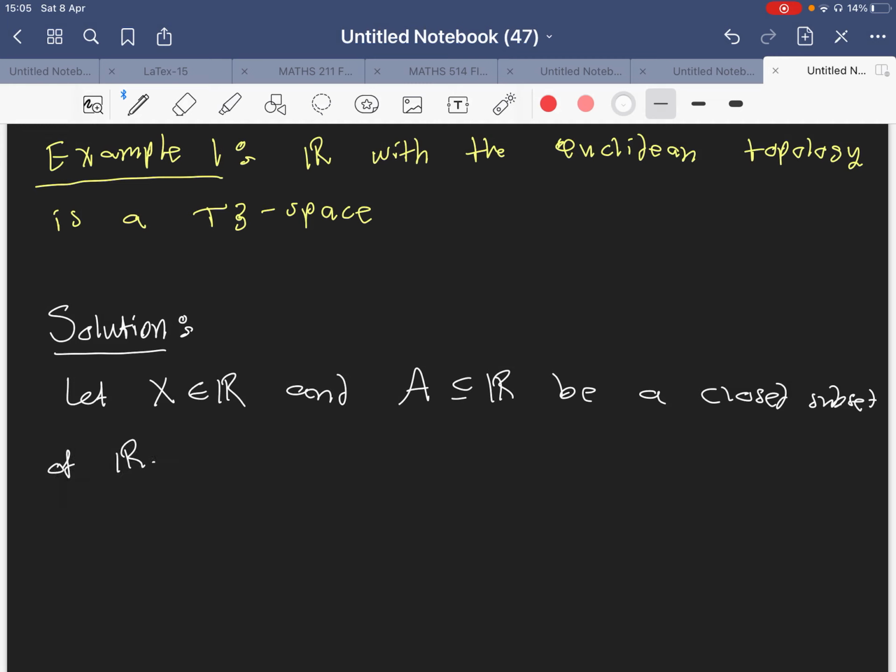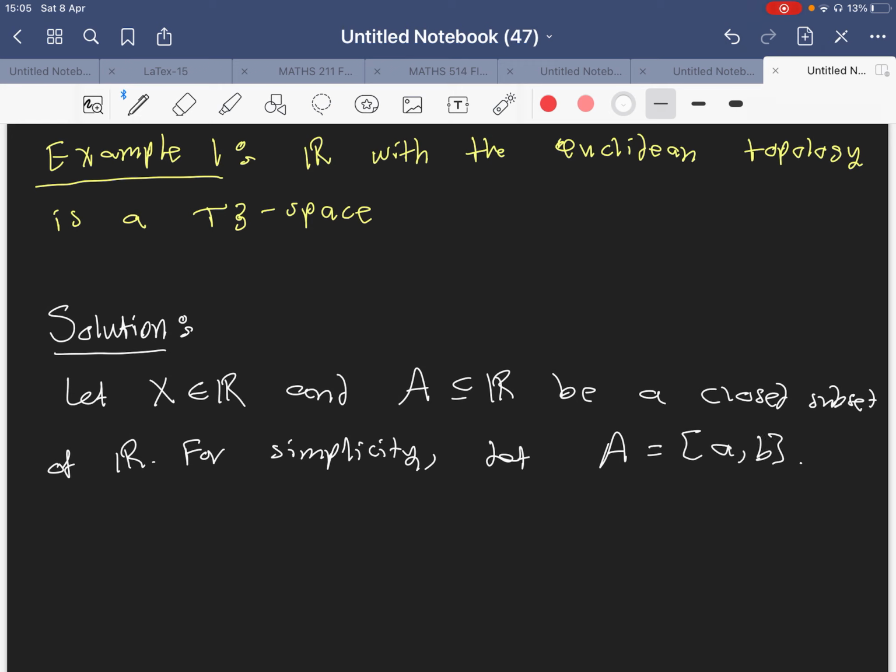Now, just for simplicity, in this example, we will focus on the closed interval AB. So for simplicity, let A be the closed interval [a, b].